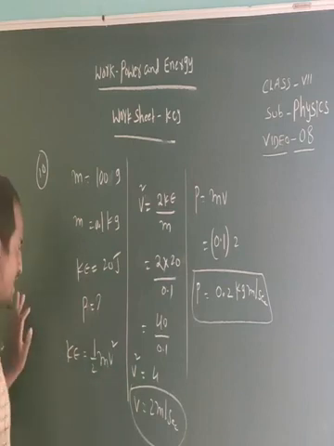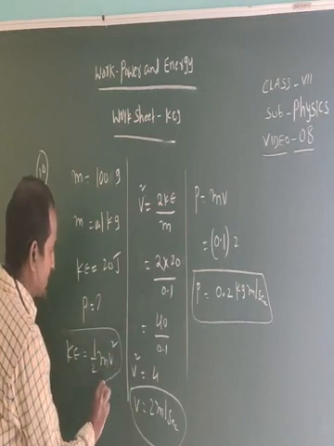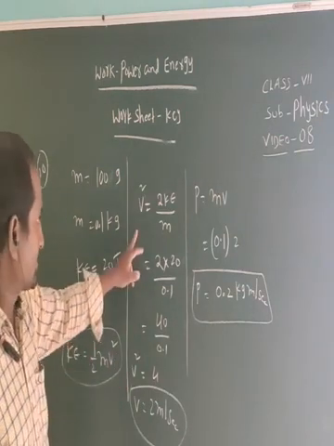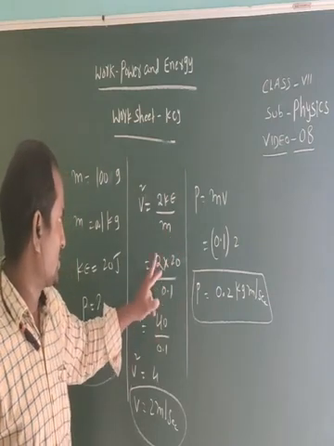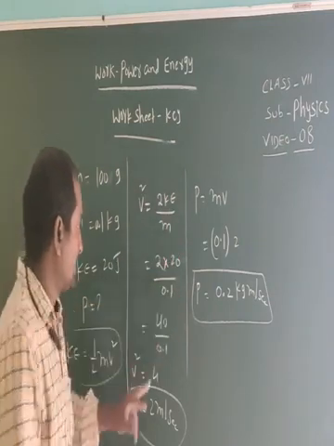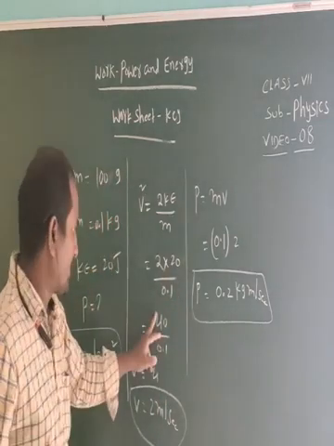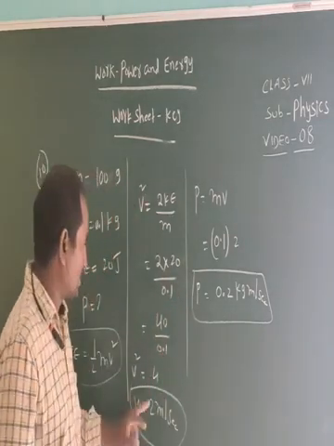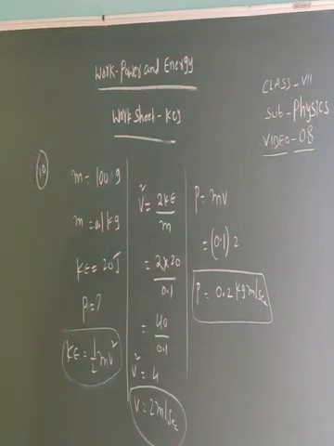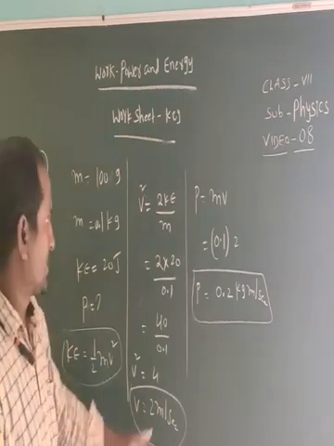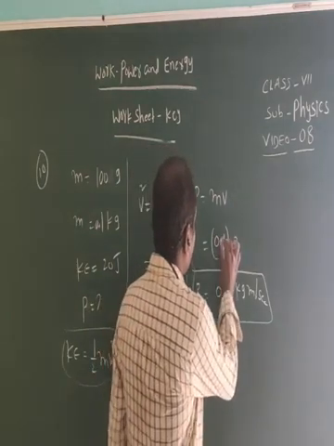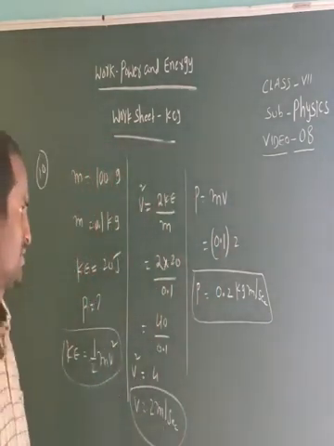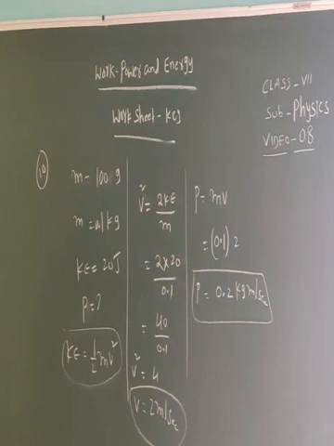So K equals half m v square, and from this relation we can find velocity: v square equals 2K by m, which is 2 into 20 by 0.1, that is 40 by 0.1. So v is found, and momentum equals mass into velocity, in kg meter per second.